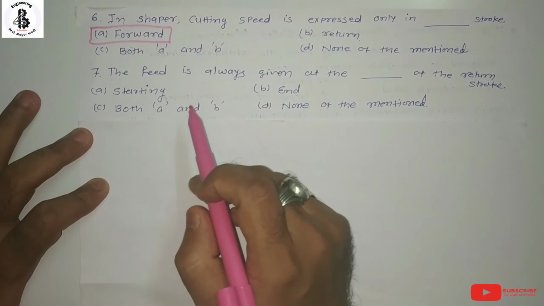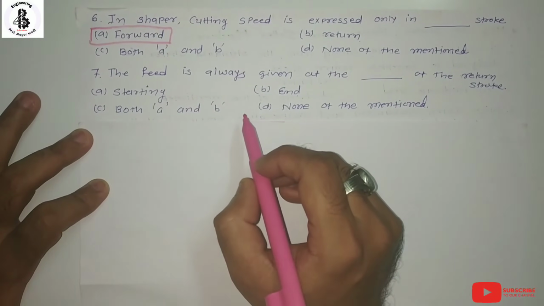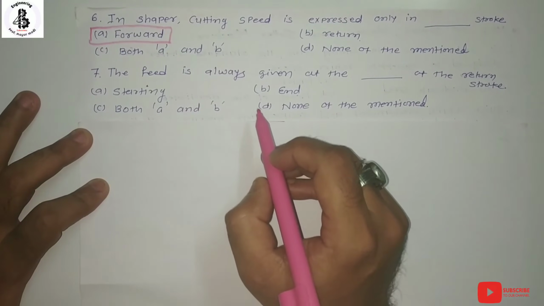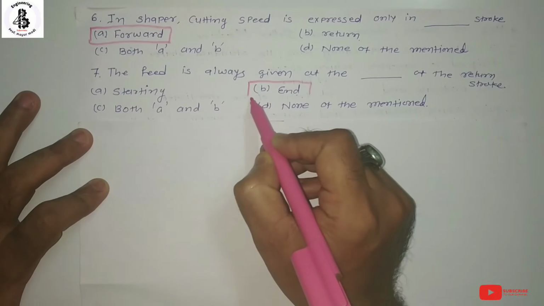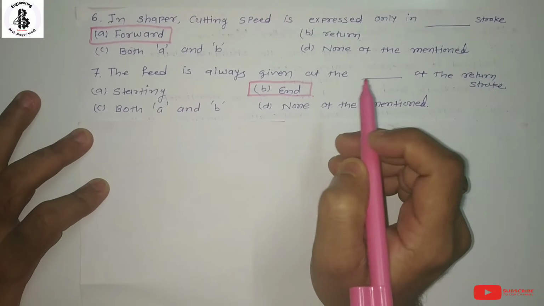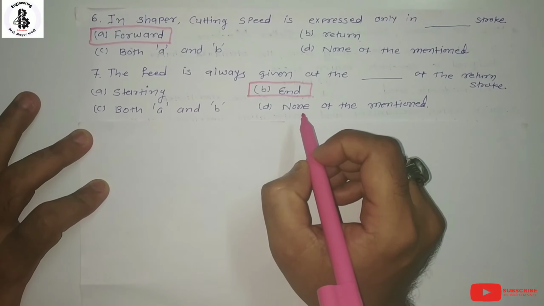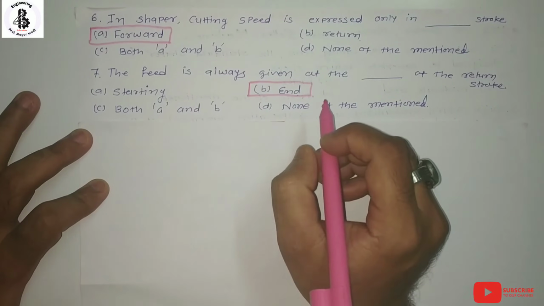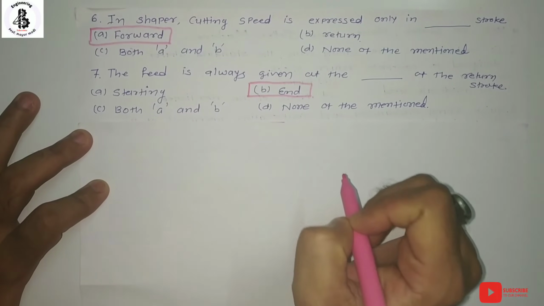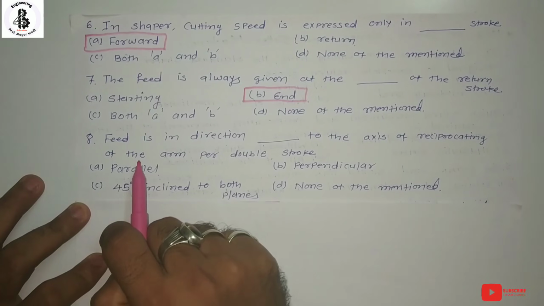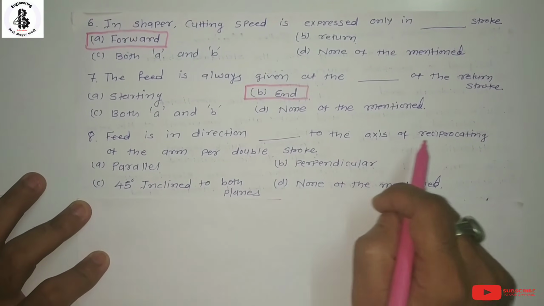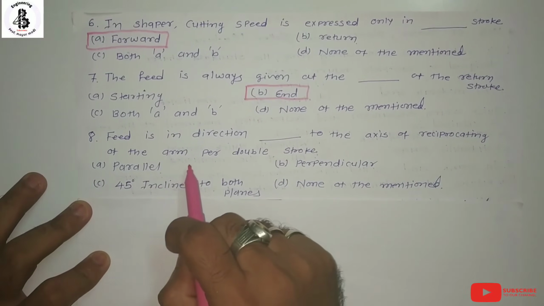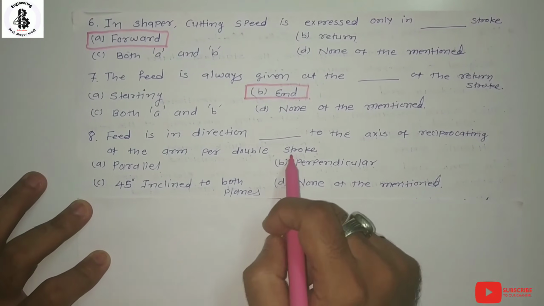So basically the feed is always given at the end of the return stroke, because the return stroke is the idle stroke. During the stroke it is not possible, and at the starting of the stroke it is also not possible.